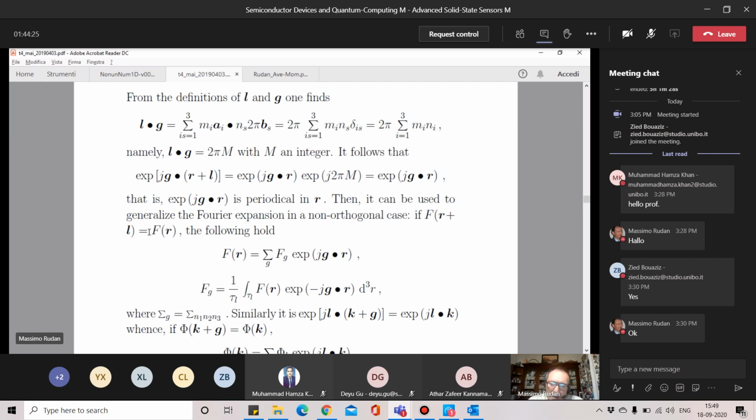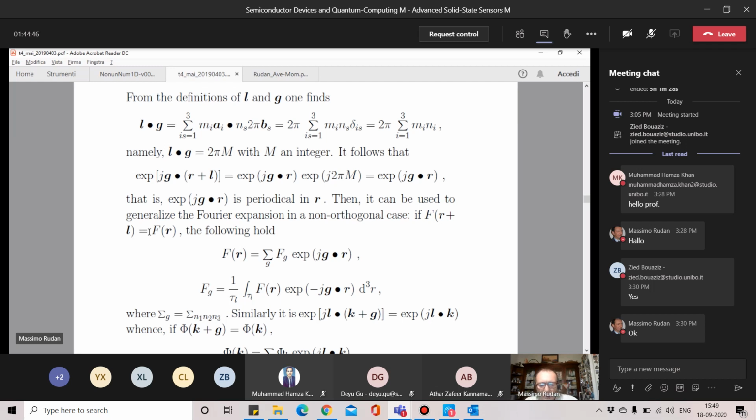So we can expand this function into a Fourier series, and the expansion, as you remember, adopts a set of functions like those exponentials that we have examined before that are periodic in the R space.